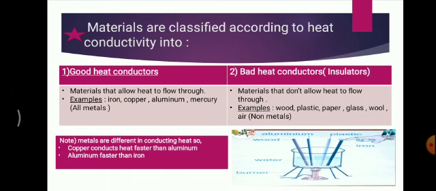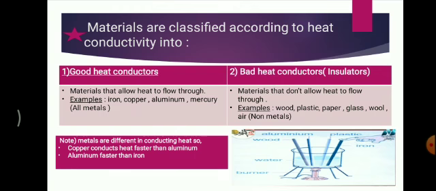Why, primary? Because we have two types of materials according to heat conductivity. The first type is called good conductors of heat, and the second is called bad conductors of heat, which are known as insulators.